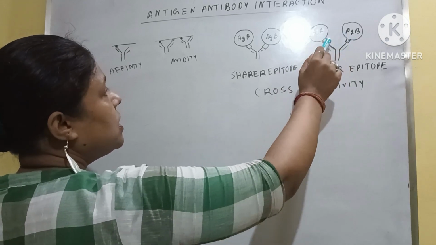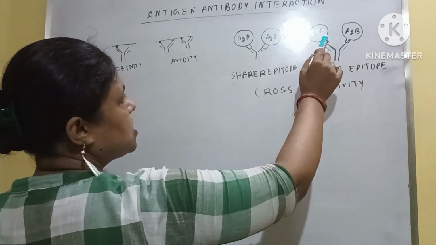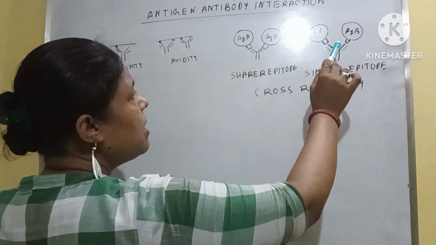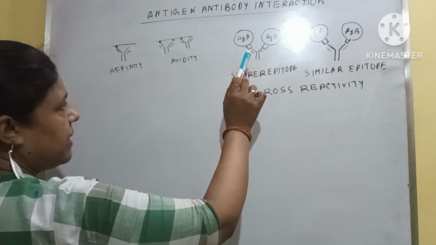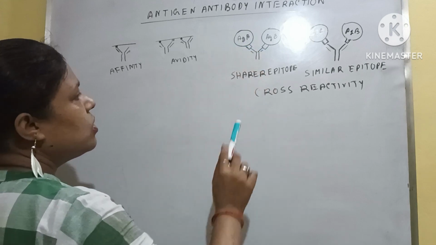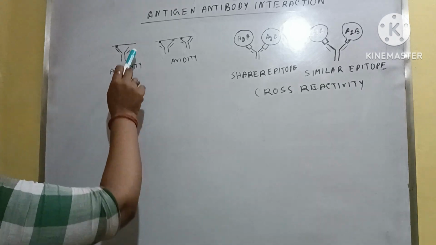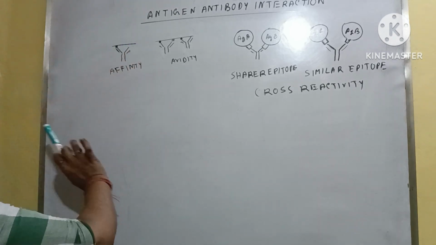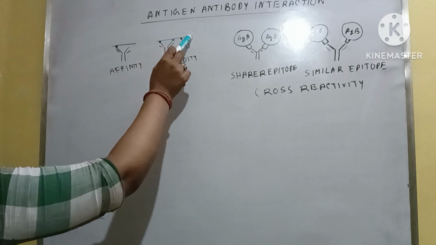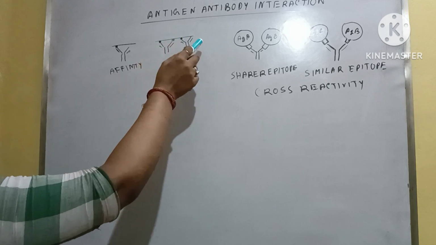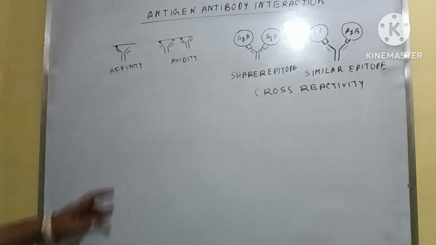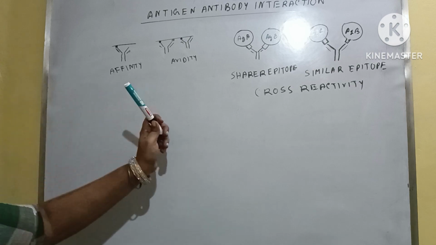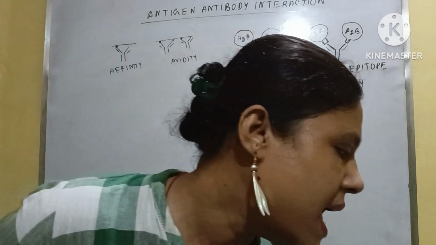Here the structural resemblance is not seen, but these are two similar epitopes, and here the structural resemblance is seen, but these are not similar epitopes. So the cross reactivity is seen here, and this is the affinity where you can see the single binding, and this is the avidity where there are two or more bindings, which I showed here. So this is the rough diagram of affinity, avidity and cross reactivity.